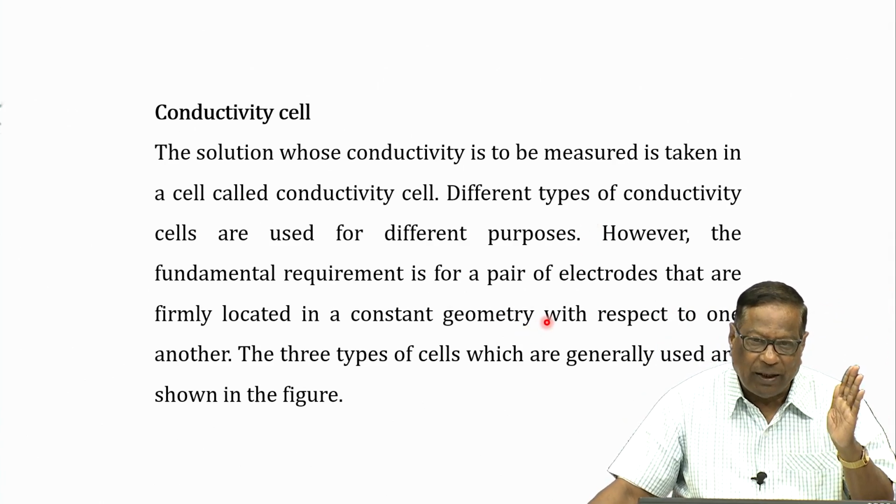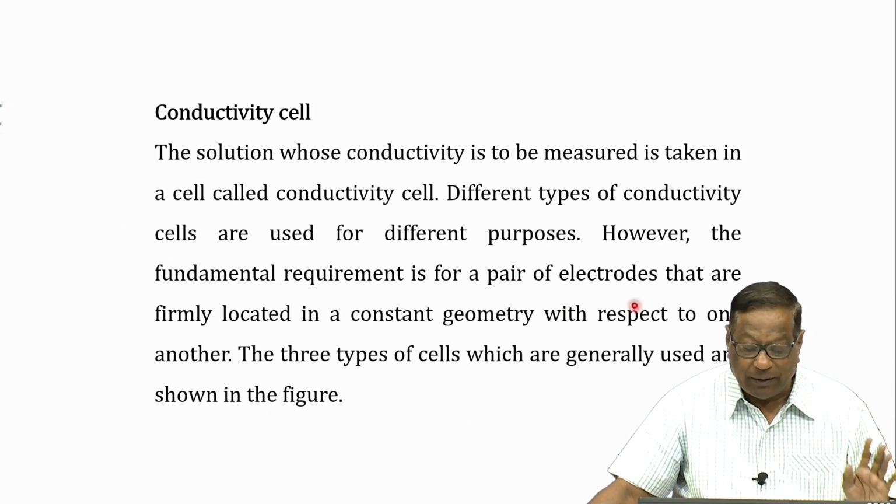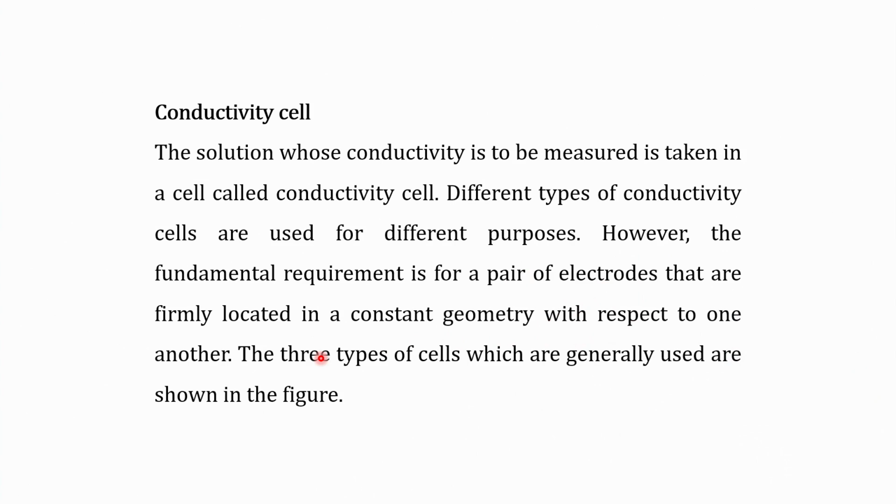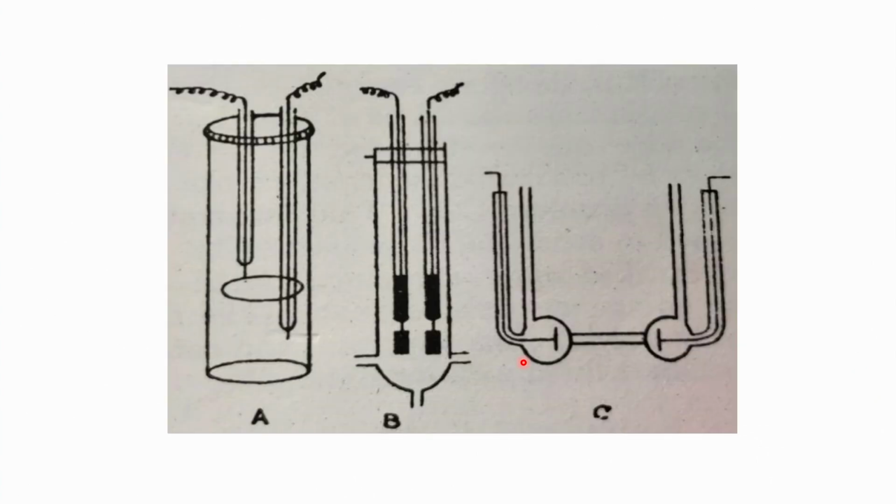It can be square or triangle or circular or whatever it is, with respect to one another. And the 3 types of cells which are generally used are shown here. You can see here I have a single wire here, another wire here in a beaker connected to wire outside. This will lead to the Wheatstone bridge.